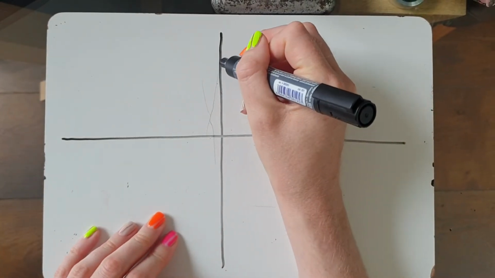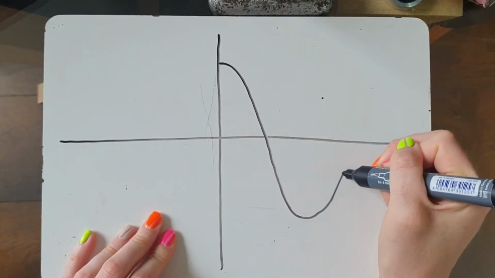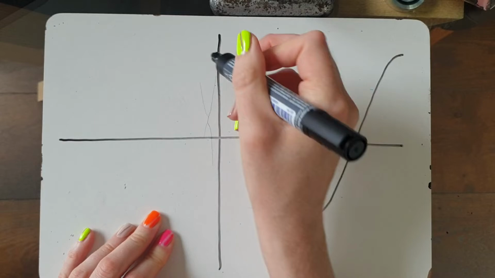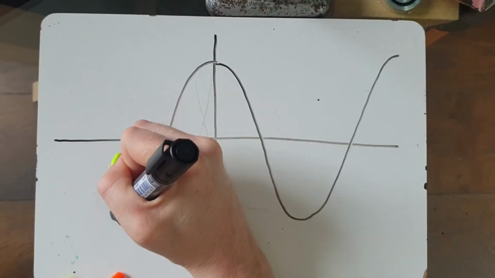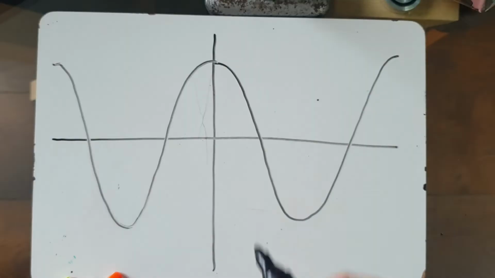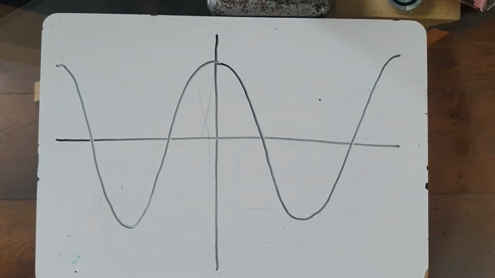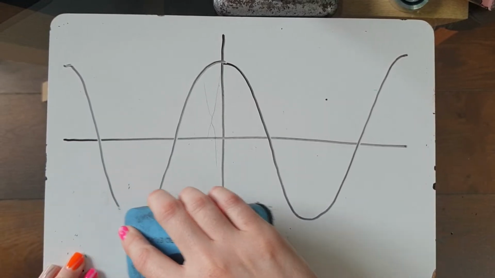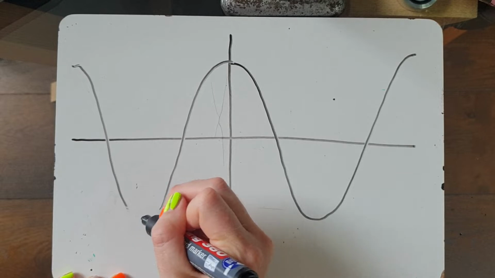So it's going to look like that, and then symmetrical the other side of the y-axis. This is a little bit too low compared to that one, so I'm just going to change it slightly.